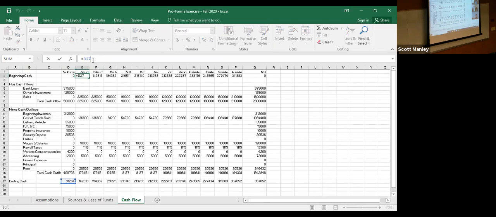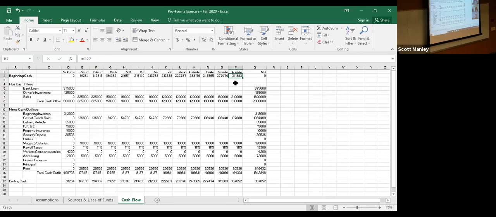I've got a formula that says, go to cell D27 and make cell E2 equal D27. Because that formula never changes, I can copy it all the way over to December. You can't copy that formula to the total column.